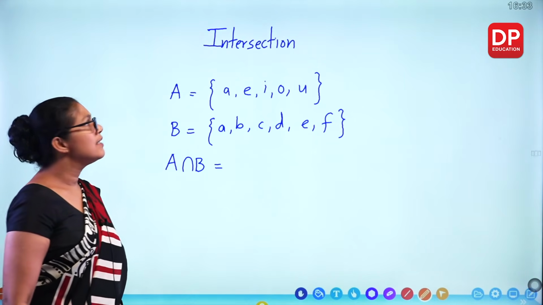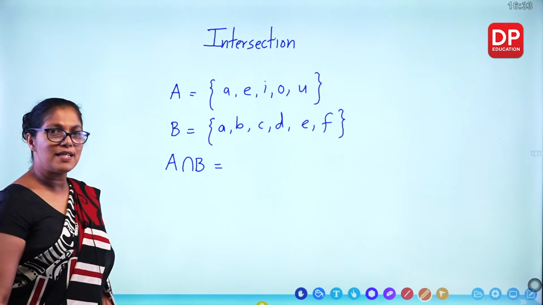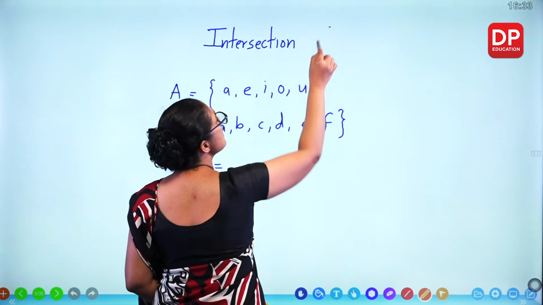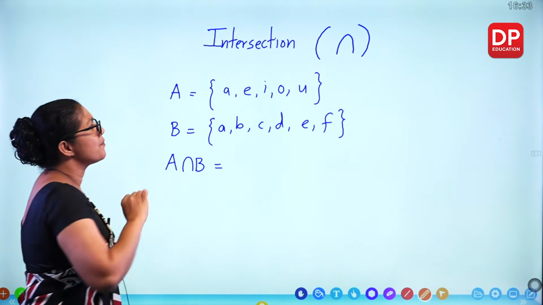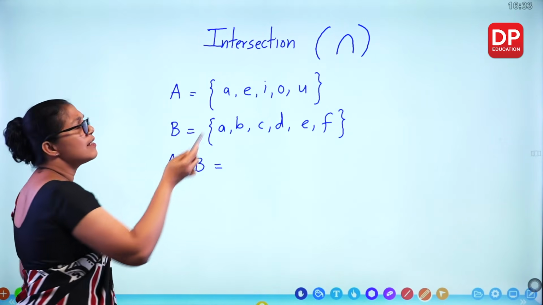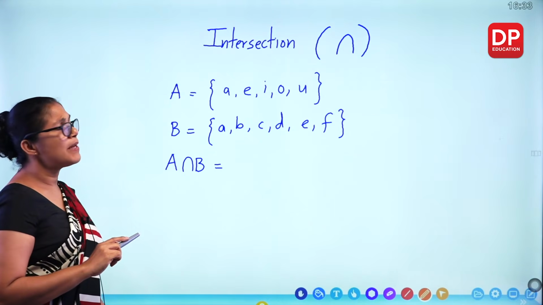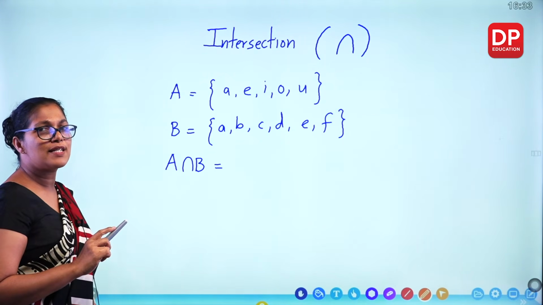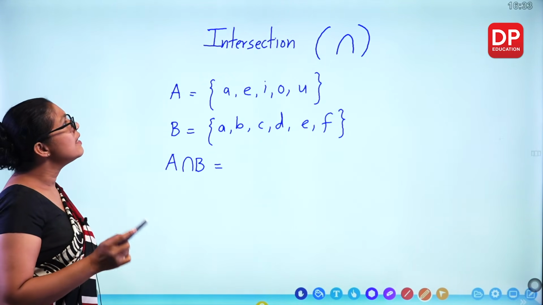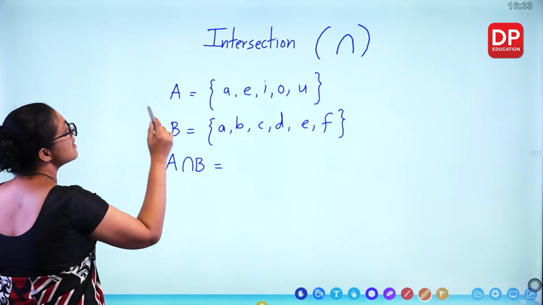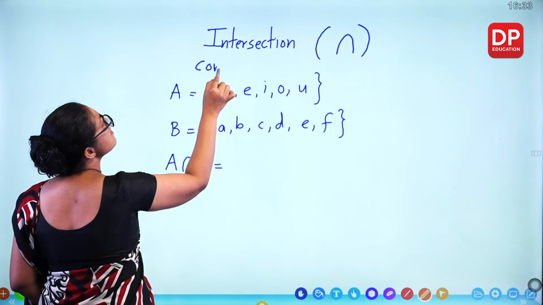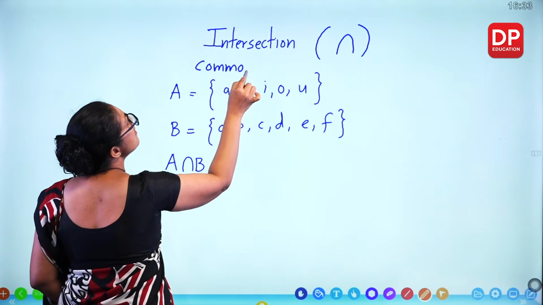Now, we'll look at what intersection means. What's the symbol we use for intersection? We use the letter U upside down. And what does intersection mean? The common region for all sets. If there are two sets, we take the common region.